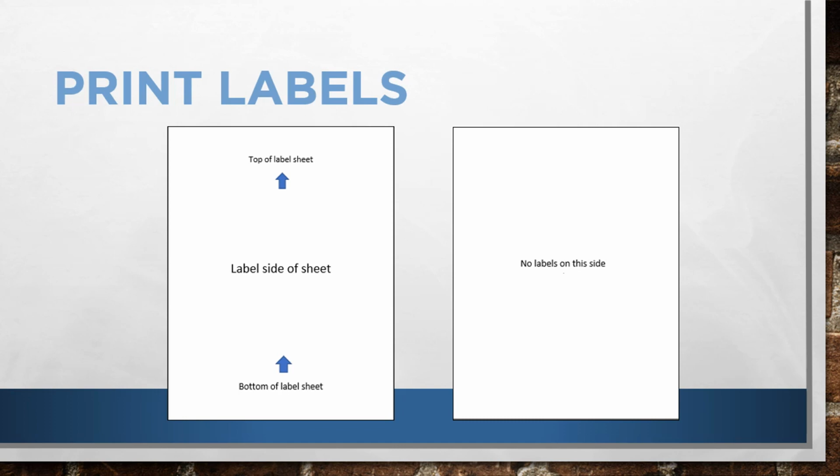So here's a suggestion. To save yourself some aggravation, take that plain sheet of paper and mark the label side as, well, label side of the sheet, and then the other side as the plain one, or no labels on this side. Mark the top, which would be the side that you're going to feed first into the printer, and also the bottom of that sheet as well.